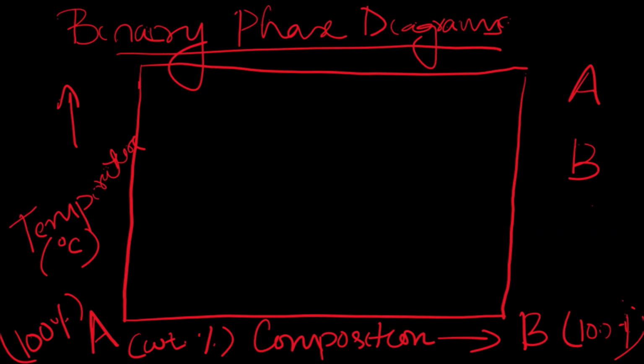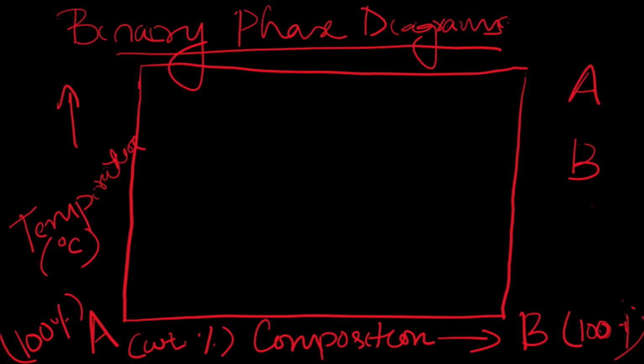Okay, that means as we move along this particular x-axis, composition of A decreases and composition of B increases. That is the meaning.